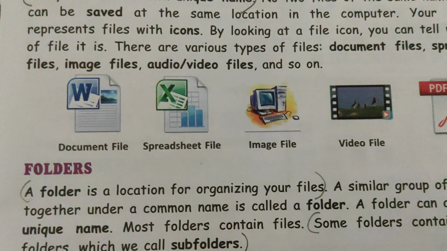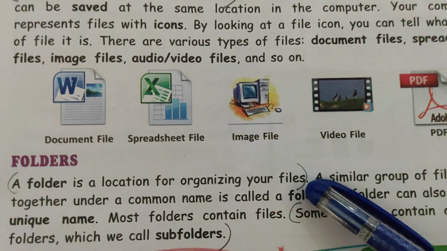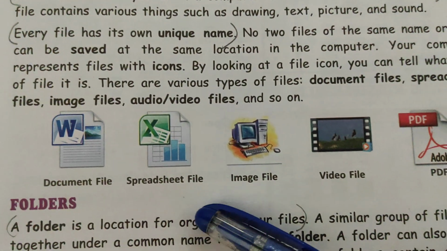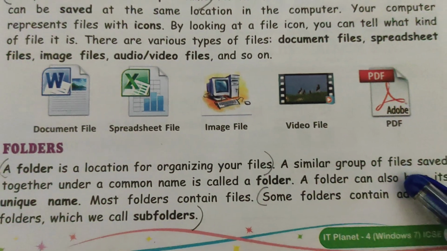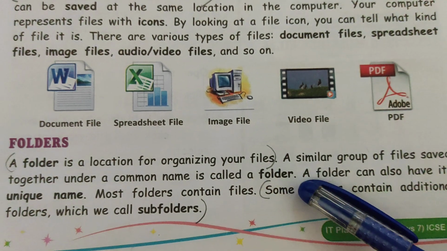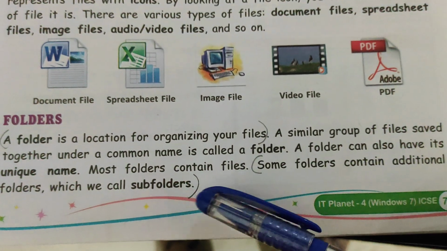Now the next term is folder. A folder is a location for organizing your files. One term is file, after that folder. That means files are saved in your folders. The same group of files saved together under a common name is called a folder, and folders can contain additional folders, which we call subfolders.